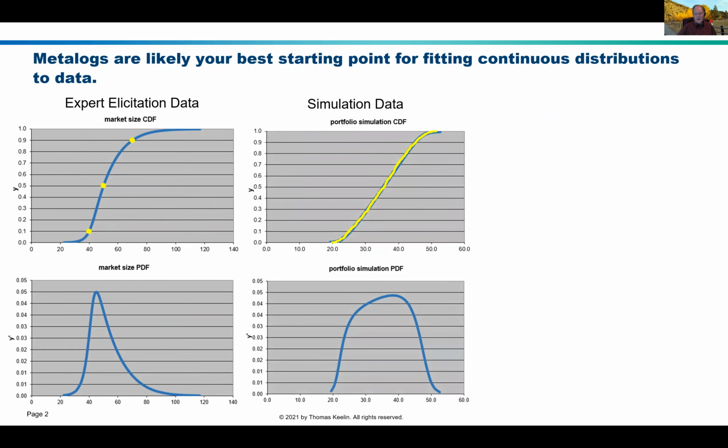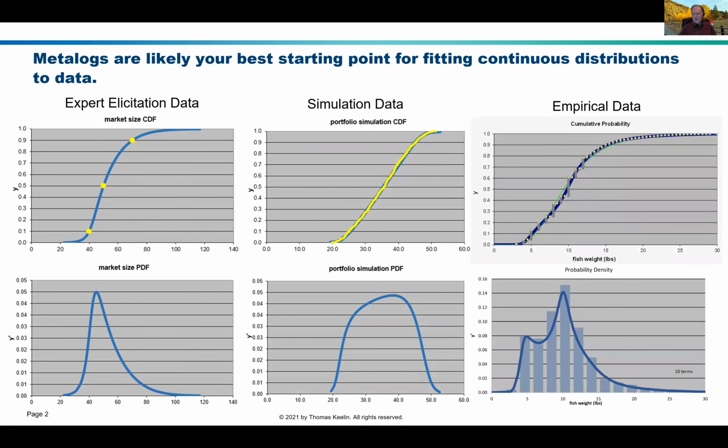Simulated data. If you have data from a simulation or from any such source, you're probably best off starting with a Metalog if you would like to have a continuous representation of that discrete data. Why? Because Metalogs can fit an arbitrary set of data more closely and more accurately than classical distributions in the vast majority of cases.